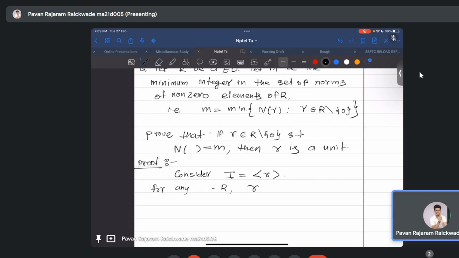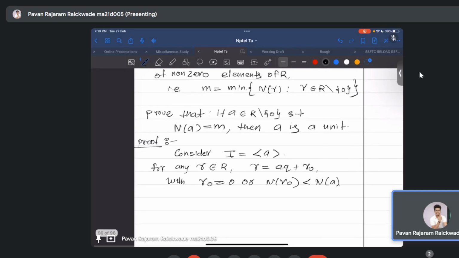You can write r as a times q plus remainder r naught, with r naught equal to 0 or N(r naught) strictly less than N(a).